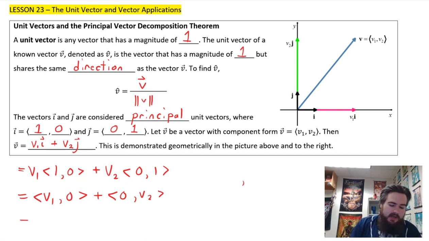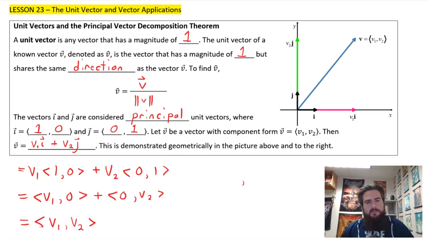And when you add those vectors by combining the first components together, v1 plus 0 is just v1. And then the second components together, 0 plus v2 is just v2. Meaning we have another way of writing a vector.